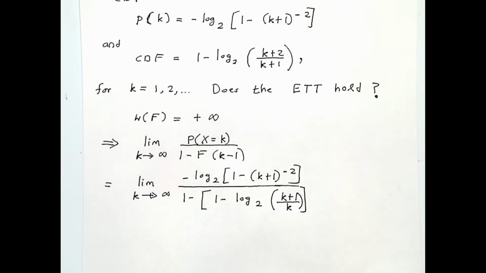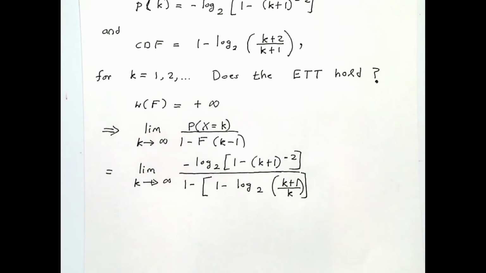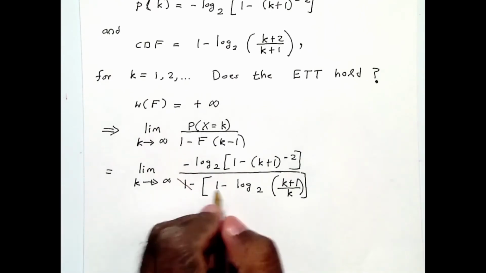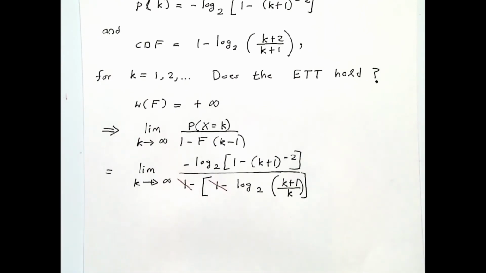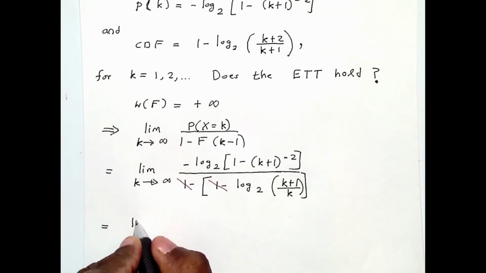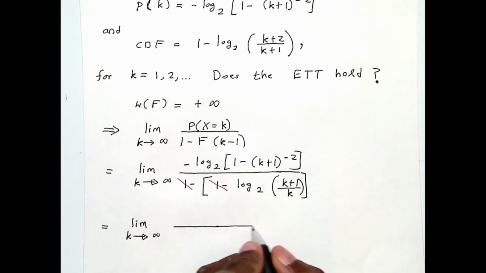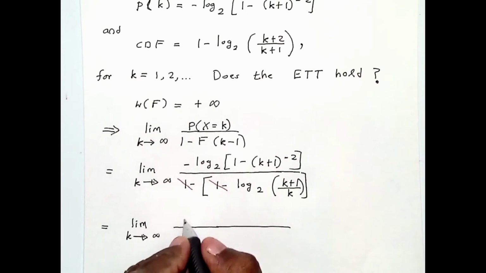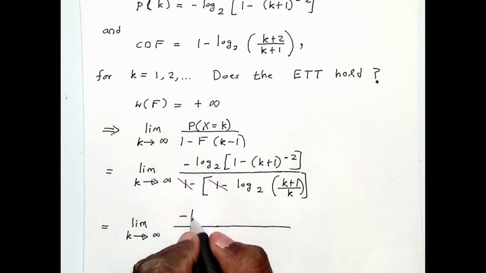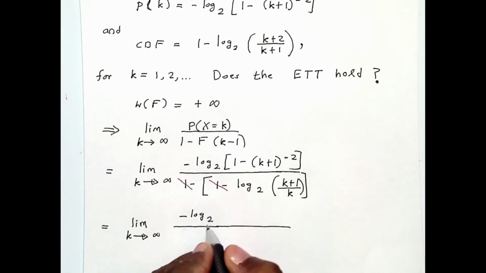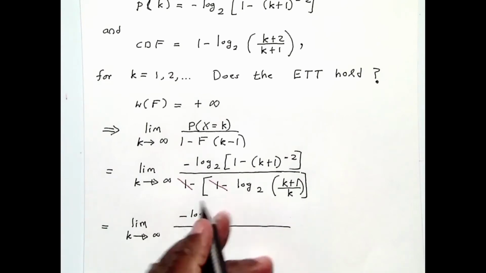So the two 1s cancel out. So what you have is the following: the limit of minus log 2. Now I'm going to write this as follows.